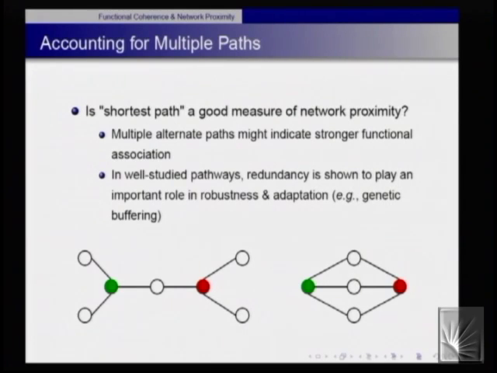But still, since they mediate the crosstalk between these 2 proteins, all these provide alternate paths. And actually existence of alternate paths is shown to provide mechanisms such as genetic buffering, or amplification of the signals. These alternate paths should be also taken into account.